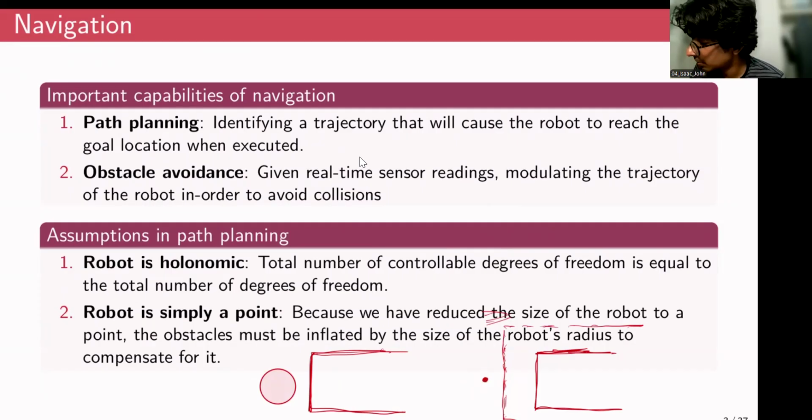So this makes our modeling much easier. And since our robot is holonomic, most probably orientation is not going to matter because a holonomic robot can move in any orientation. So those were the two assumptions that we made while we are discussing path planning algorithms.